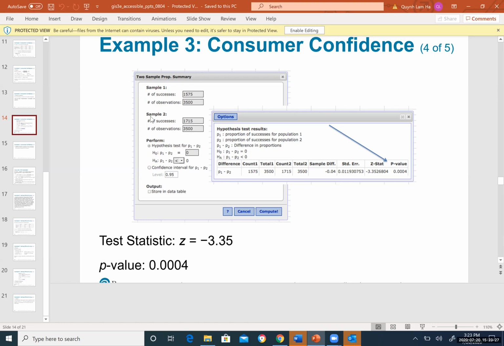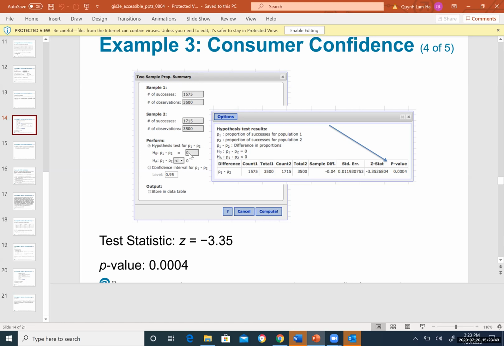So look at right here. They go step by step as we have. Then you put in the number of successes and the total number of observations.